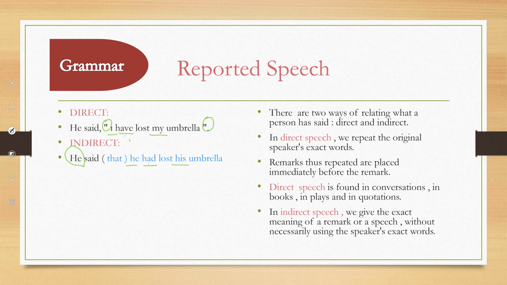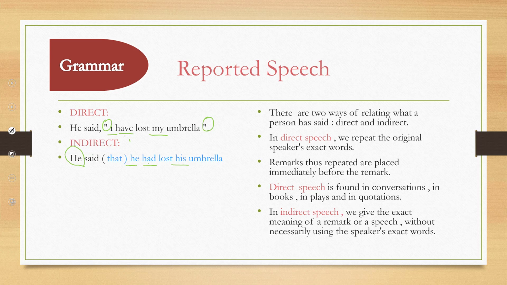Here the rule says there are two ways of relating what a person has said, direct and indirect. In direct speech, we repeat the original speaker's exact words, like in the first example. Remarks, thus repeated, are placed within inverted commas. When can we use direct speech?